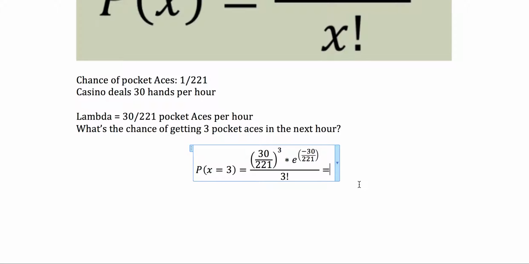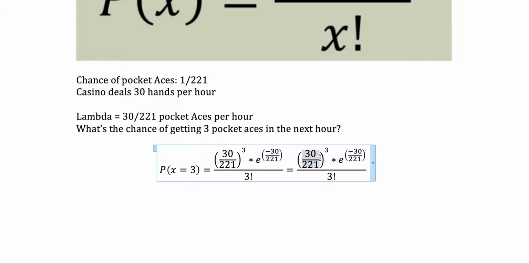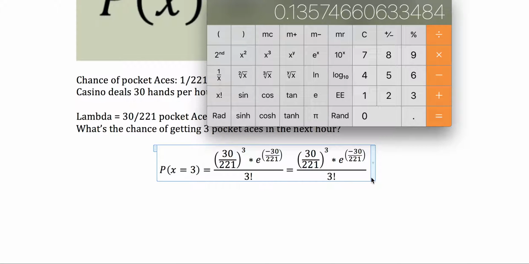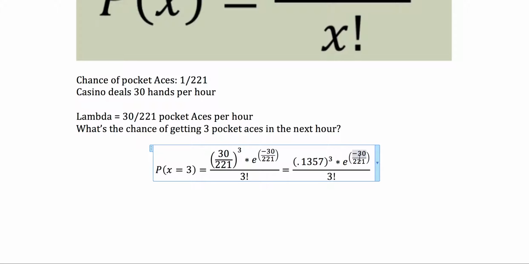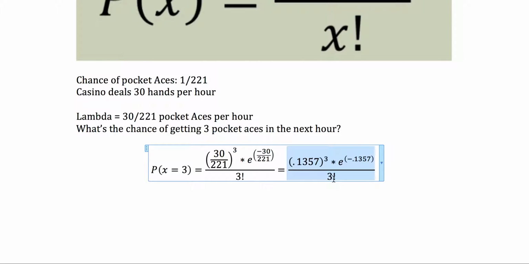So let's take this and replace it with 0.1357, to the power of 3, divided by 6.